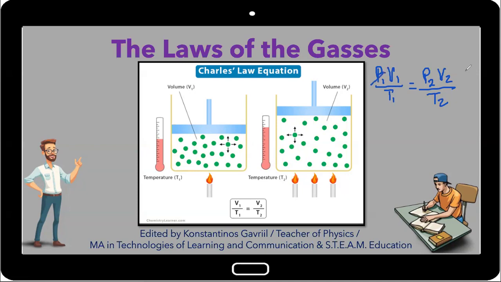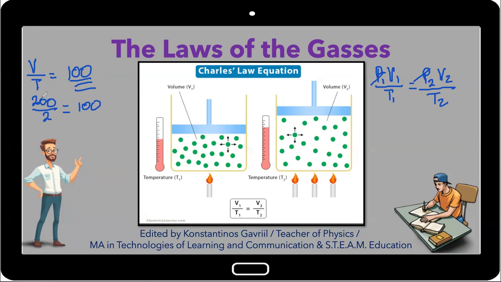I cancel the P because it is constant, and I get that V above T equals a constant value. The V above T is constant now, and let's say that it is 100. So if I get here 200, and here the temperature is 2, I get 100. Always I want to get 100.